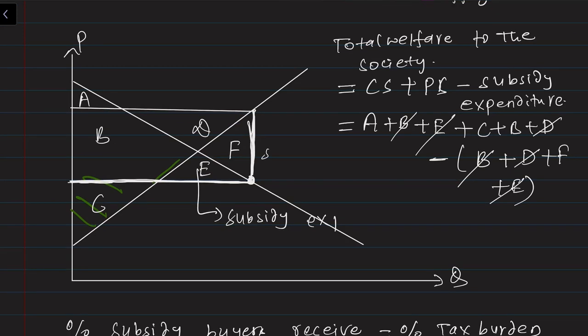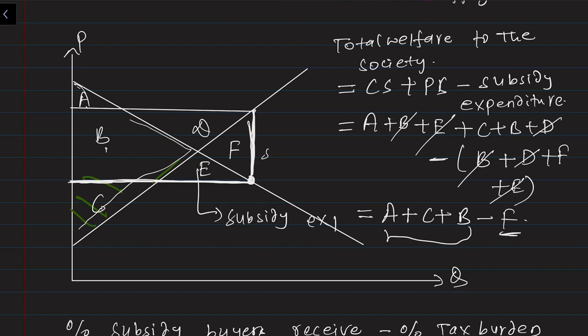So what are the remaining terms? A plus C plus B minus F, right? A plus B plus C is nothing but the total economic surplus before subsidy. So this whole triangle is the total economic surplus before subsidy.